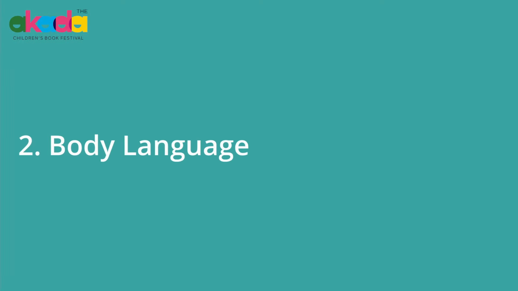So facial expression is very vital. Next is body language. Is your character happy, or is he or she sad? You need to be able to use the body of your character to express what your character is feeling at that very particular point in time.